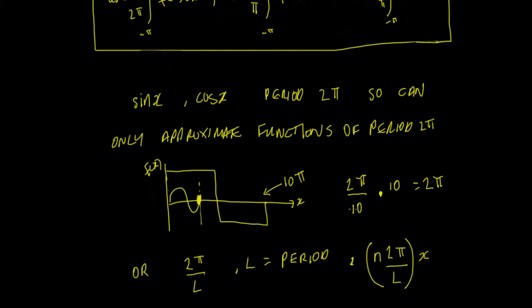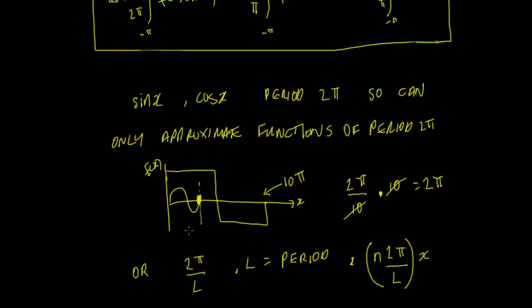So it would be 2 pi upon 10 times 10, which gets us back to a value of 2 pi. Or if we write it more generally, we'd be scaling by 2 pi upon L, where L is the period of the function that you're trying to approximate.